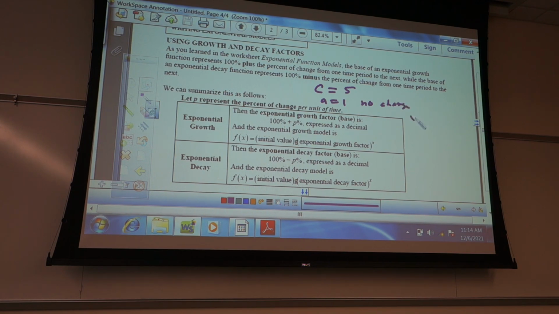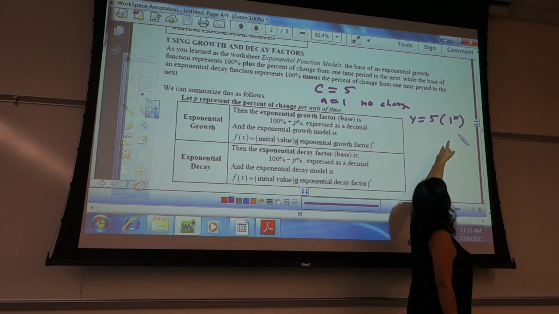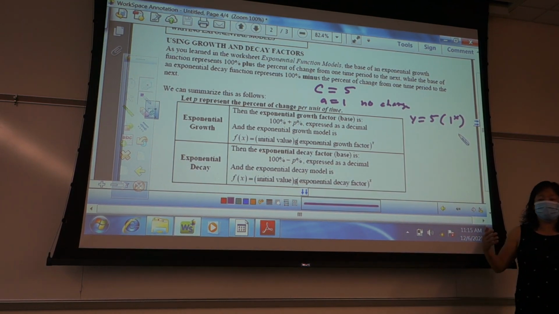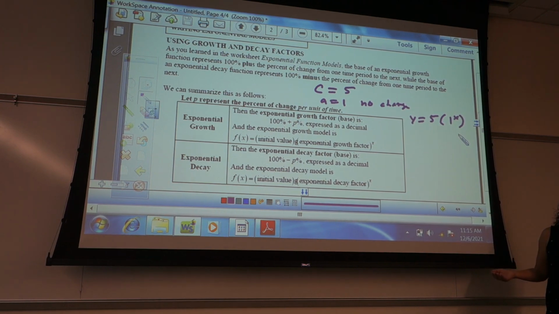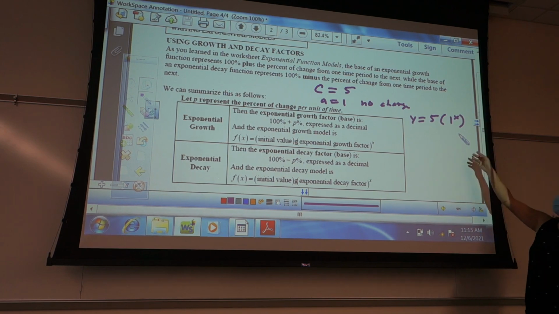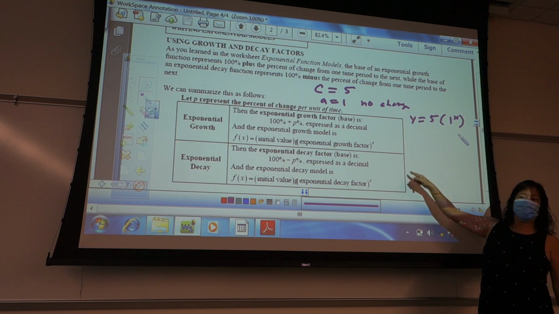Because y equals 5 times 1 to the x. No matter what x is, 1 to any power is always going to be 1. 1 to the 100th power is 1, 1 to the 0 power is 1. So this is just y equals 5, a straight line.